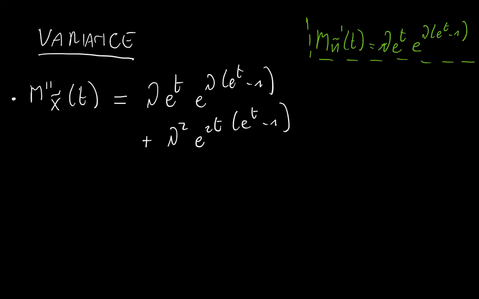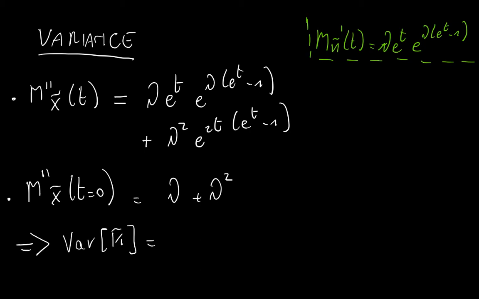The first bit is the derivative of the first function multiplied by the second function, while the second bit of this summation is the first function multiplied by the derivative of the second function. Then by setting t equal to 0 we get this result for the second moment.